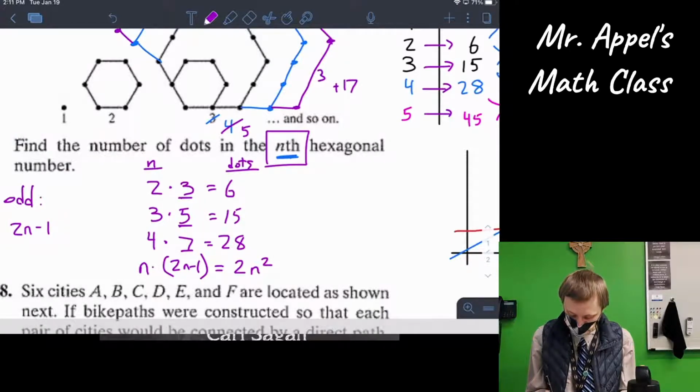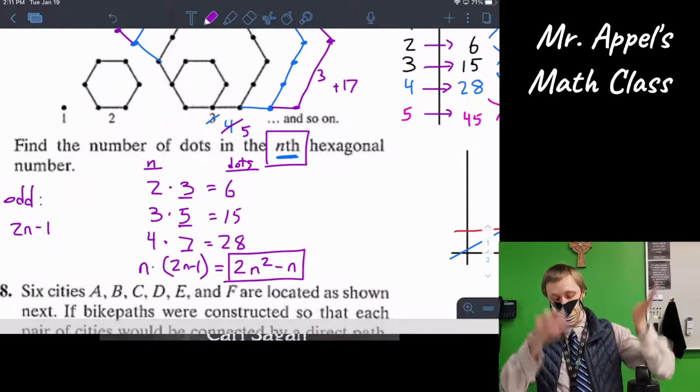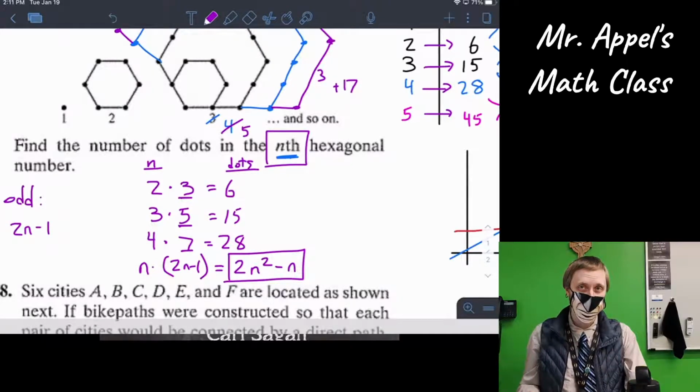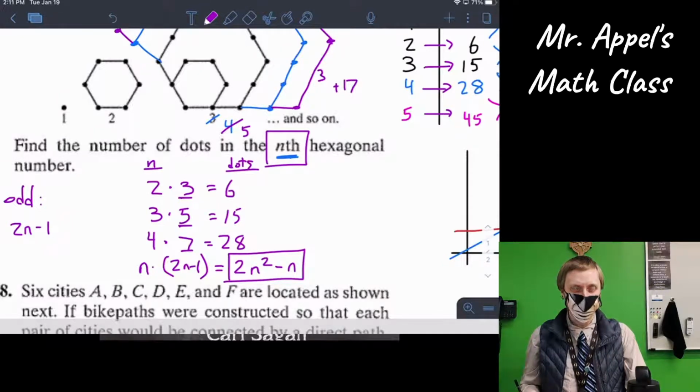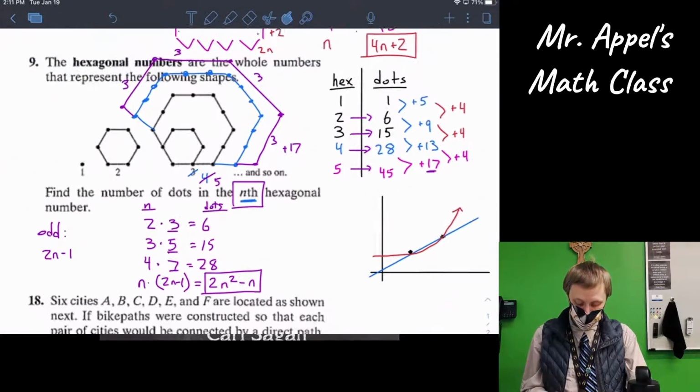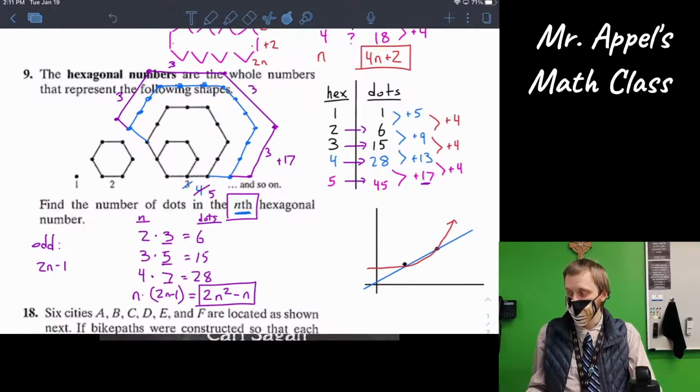N times negative 1 is negative n. So there is the final form of my general formula for the number of dots in the nth hexagonal number. So this will generate the sequence of the hexagonal numbers. Questions on that?